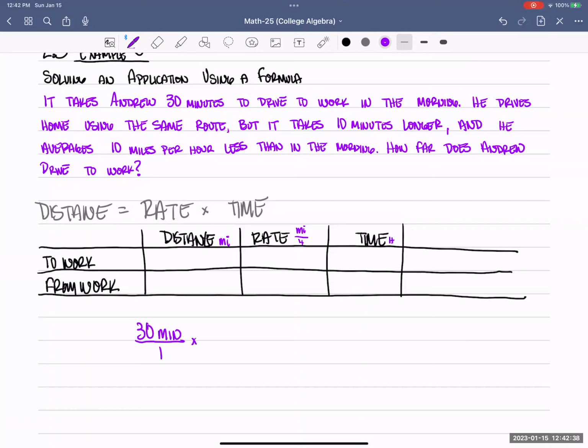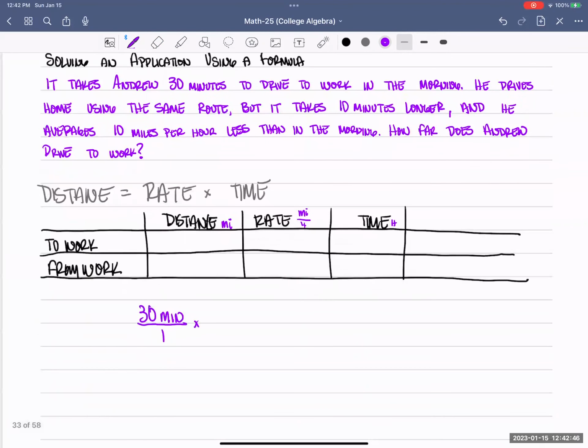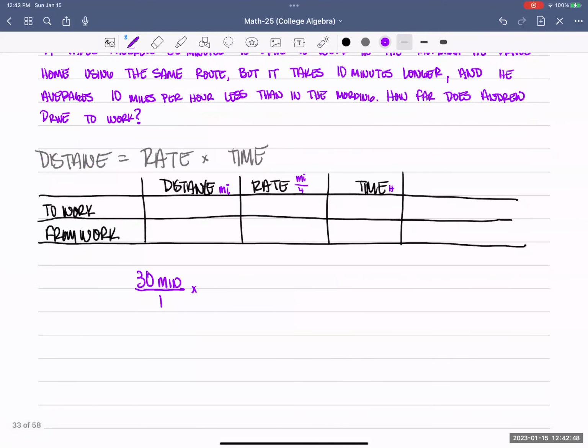We need an equivalence between minutes and hours so that we can turn these 30 minutes into hours. I know that there are 60 minutes in 1 hour, and we could set up this conversion, we just have to make sure that everything is set up properly. So let's try 60 minutes per 1 hour.